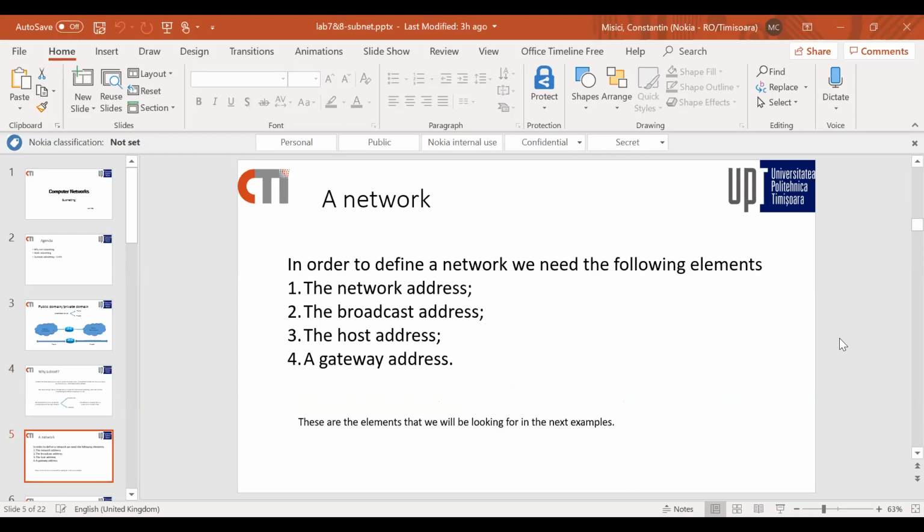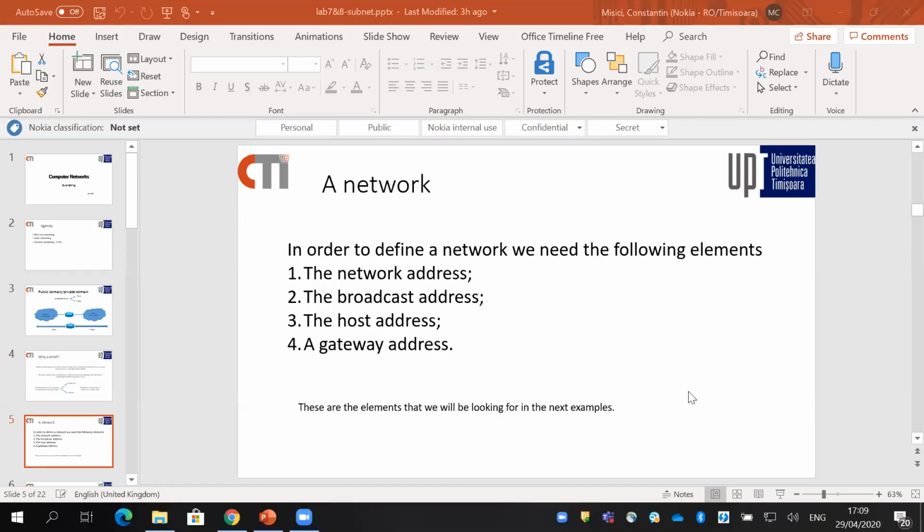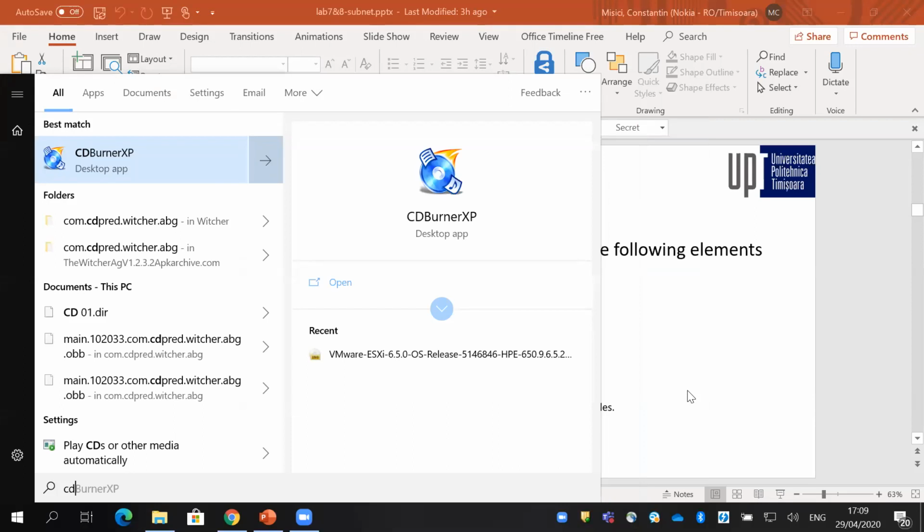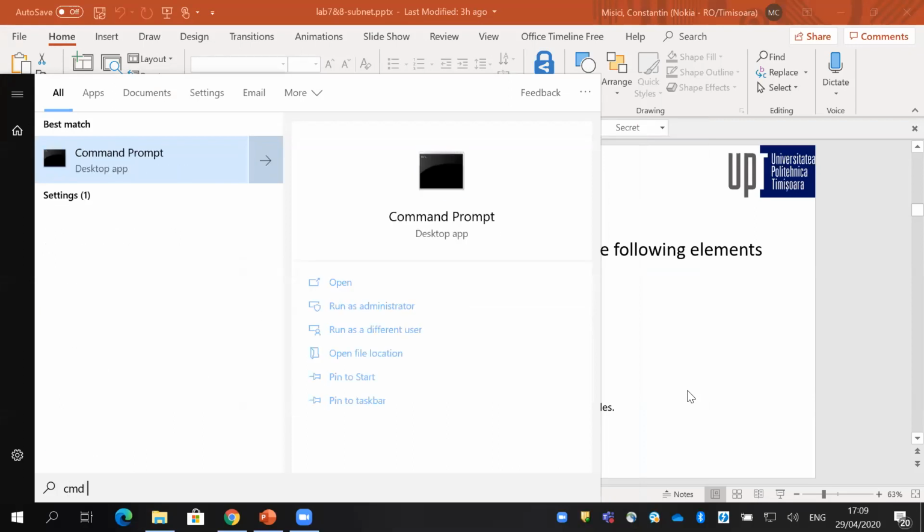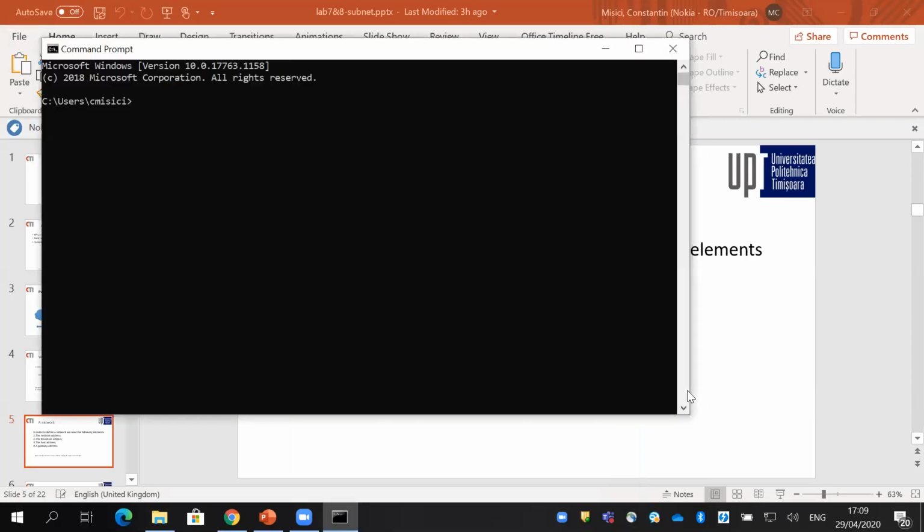The network mask is, let me share my screen. So the network mask is similar to the IP address in the sense that it provides a differentiator between the host.